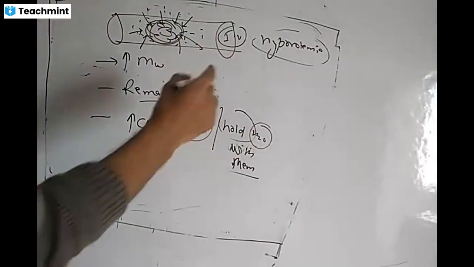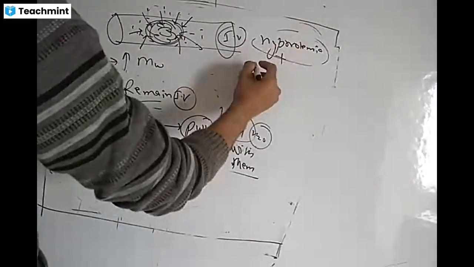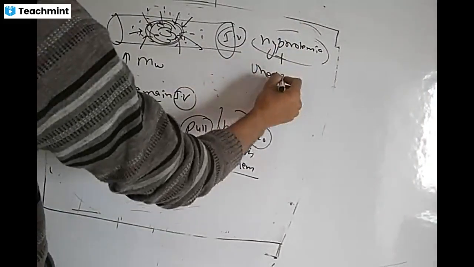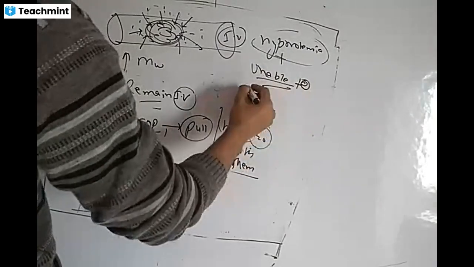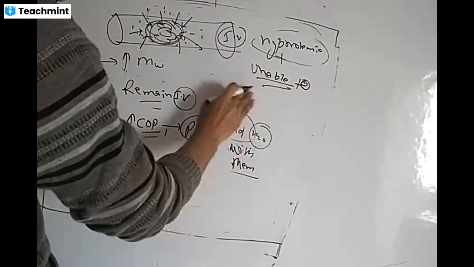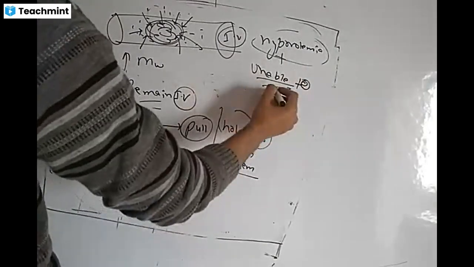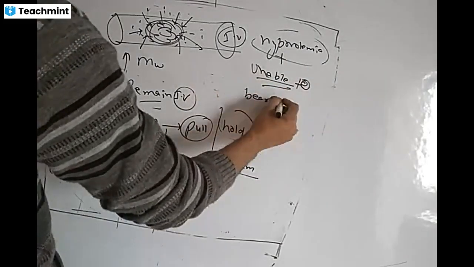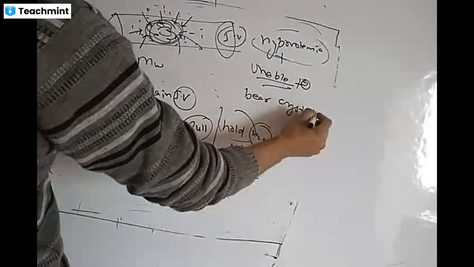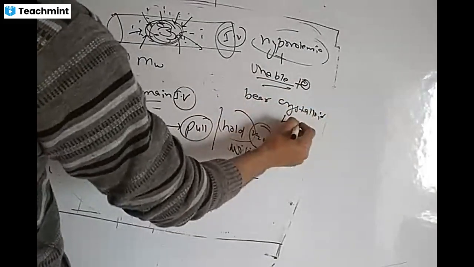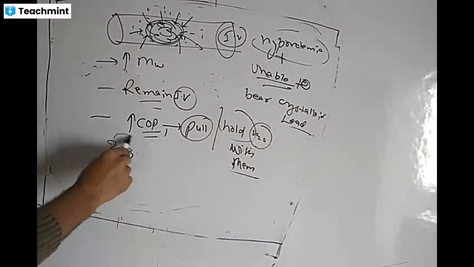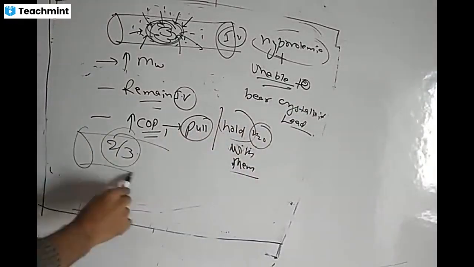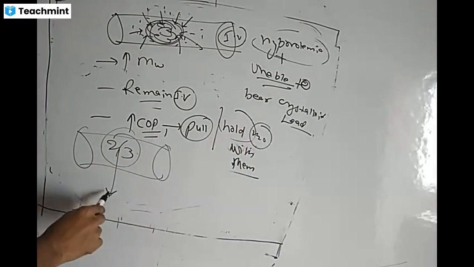So in a case of hypovolemia, where the volume in the vascular compartment is less and the patient is unable to bear crystalloid load, see, in case of crystalloid therapy, 2/3 of the given fluid will go out.